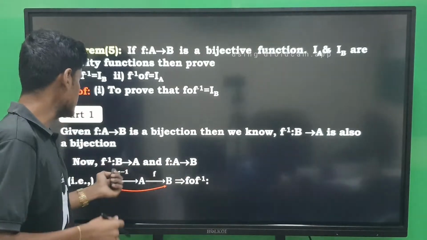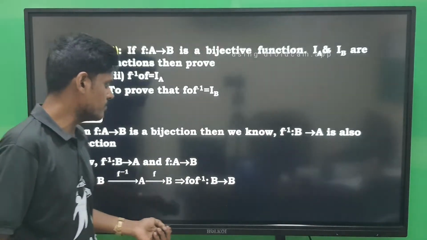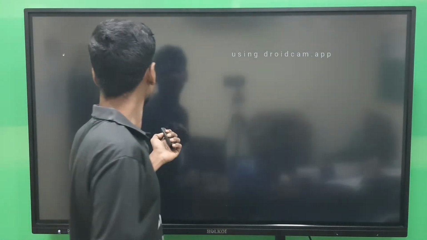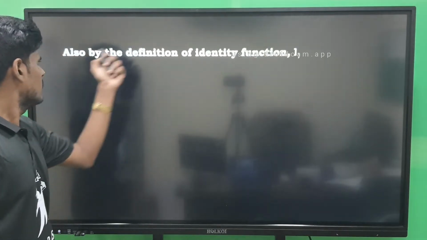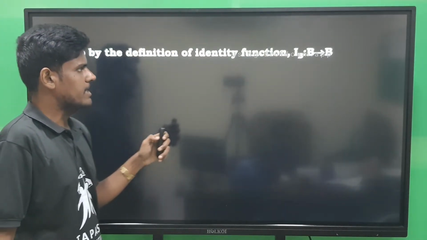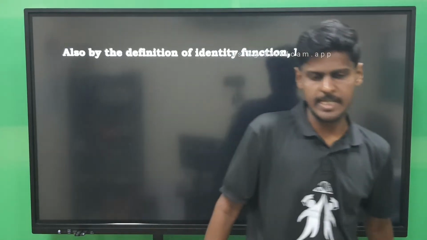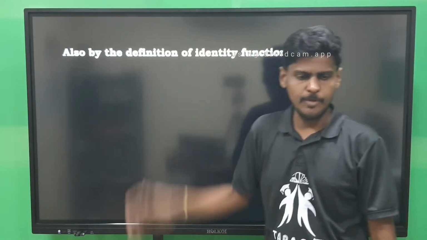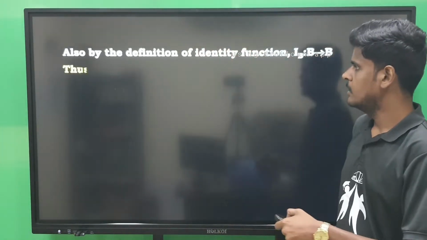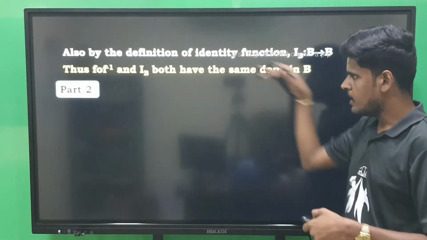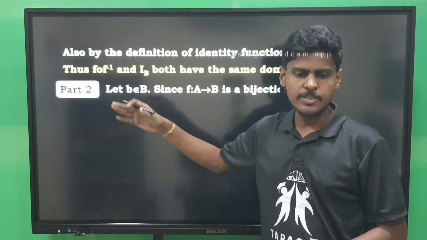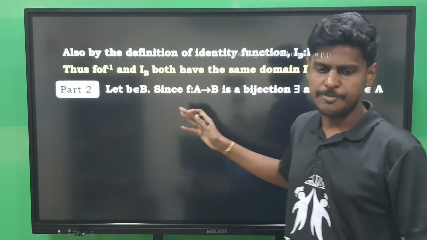So A will get cancelled, it is a function from B to B. Now by the definition of identity function, Ib is also a function from set B to set B. That means the domain of both the functions is the same.